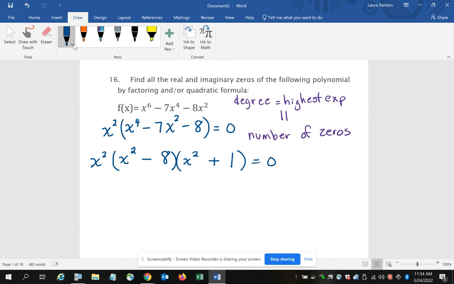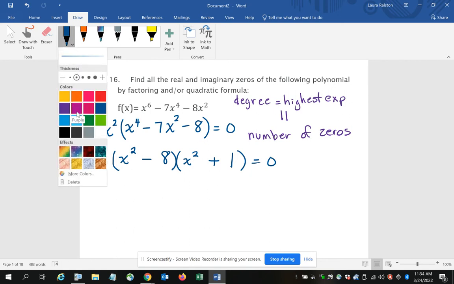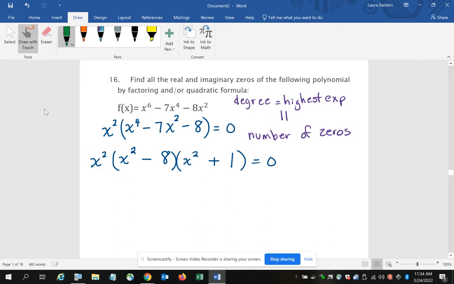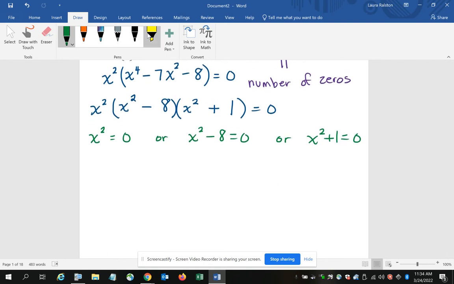Once I have it completely factored, and it is currently completely factored, I have to set each one of those pieces to 0. So x squared could be 0, or x squared minus 8 could be 0, or x squared plus 1 could be 0. And I'm going to solve each of those respectively for x.